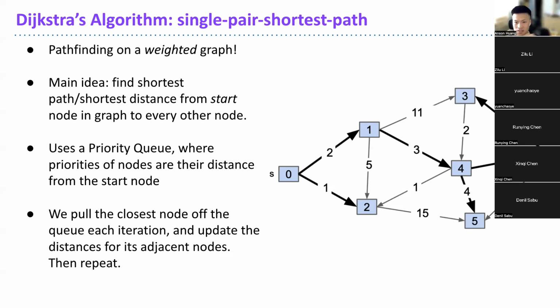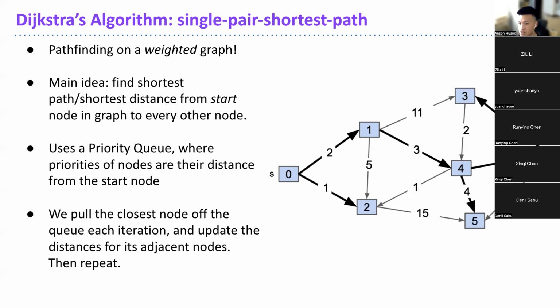So that will be the next path that you will explore. We pull the closest node off the queue at each iteration, and this ensures that you're getting the next shortest path possible. And that is why Dijkstra's is called a greedy algorithm, because it picks the shortest possible path you can pick at every single iteration.